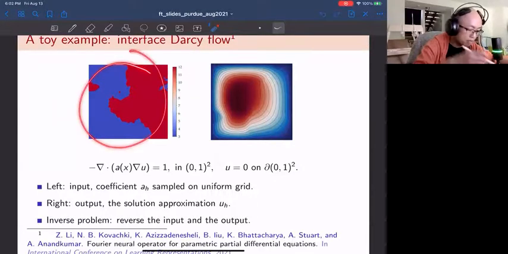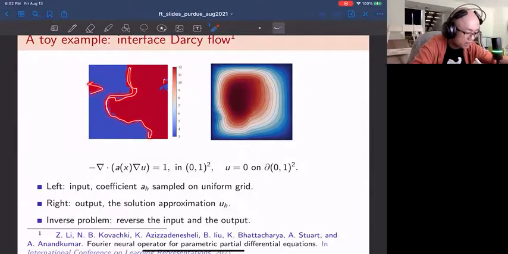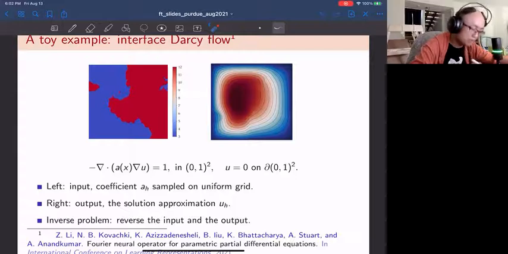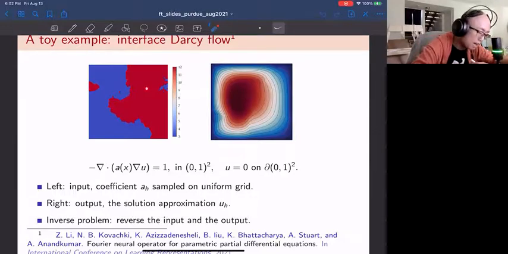This is our input, and this is our output. As we can see, this coefficient has a random interface with island-shaped regions. This satisfies some distribution. It's a push-forward of some pure Neumann problem, so that at every point, the coefficient is most likely the same as around it, but it has some probability to jump to another coefficient.